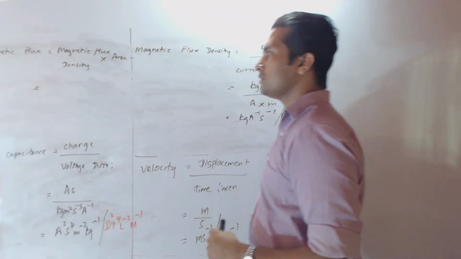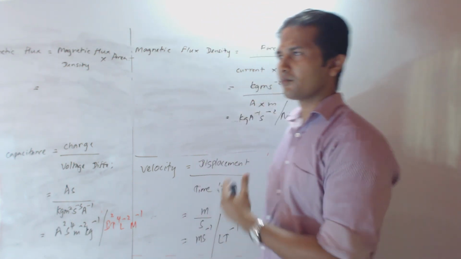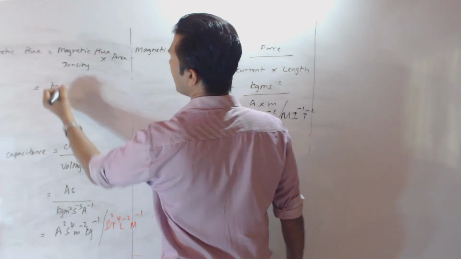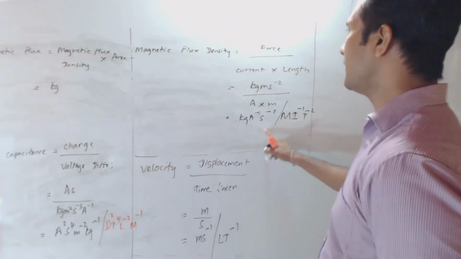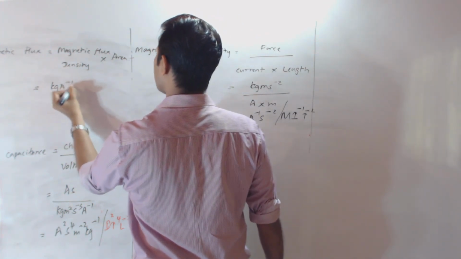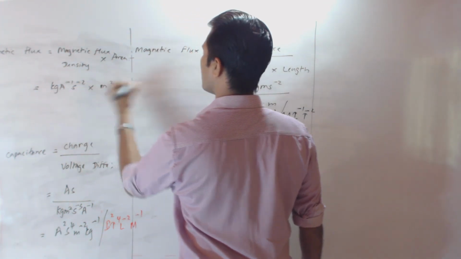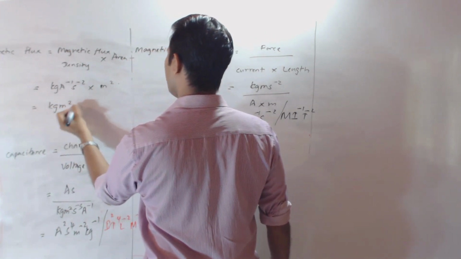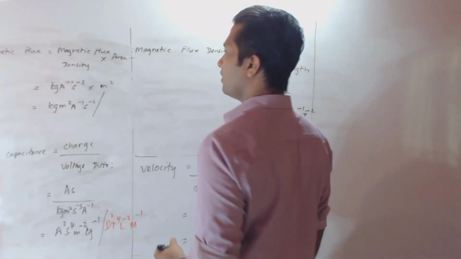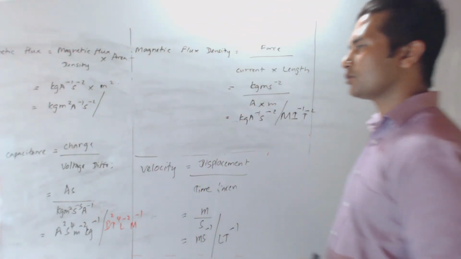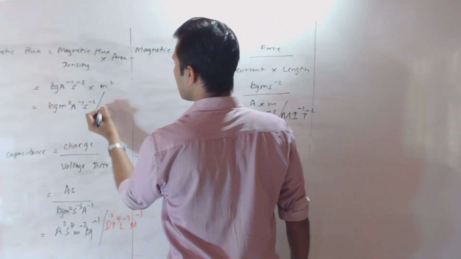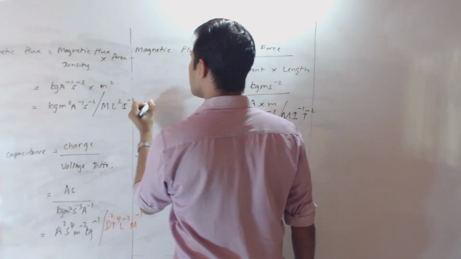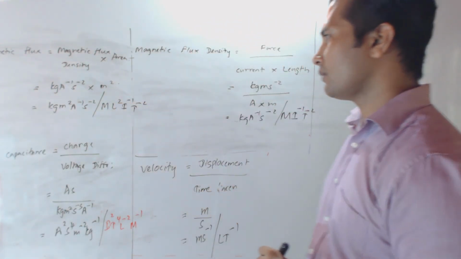So what is the unit of magnetic flux density? As we got in the previous case, it is kg A minus 1 s minus 2 into m square. Finally it becomes kg m square A minus 1 s minus 2. You can convert these units into dimension directly, that is M L square I minus 1 T minus 2. That is the unit and the dimension of magnetic flux.